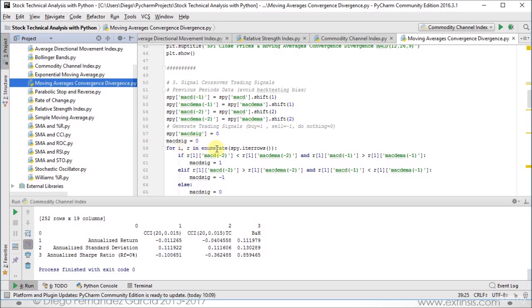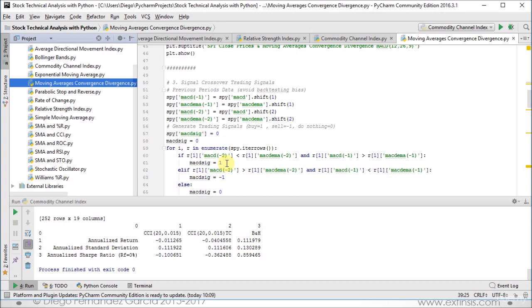For i, r in enumerate SPY iterrows, so it's going to iterate through all the rows within our data frame, and in each of them it's going to ask if our second previous period's MACD was less than that second previous period's EMA, or its signal, and the previous period's MACD is greater than the corresponding MACD EMA or signal from the previous period, then we have 1, which is a buy signal.